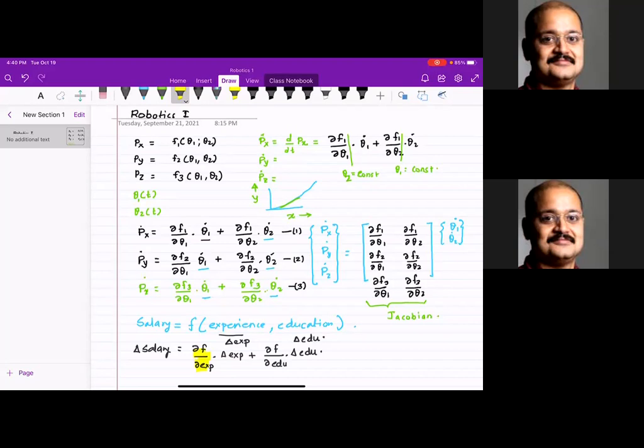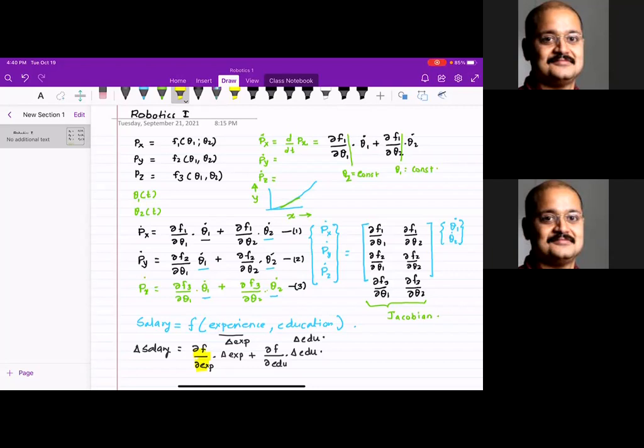So experience and education are independent variables, just like theta 1 and theta 2. And the salary is like px, py, pz, and the function or the job that you are doing is something like a function.